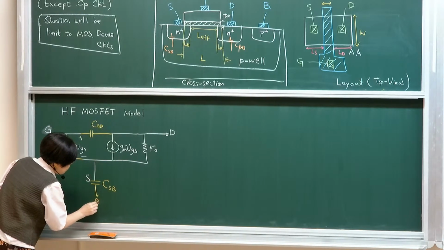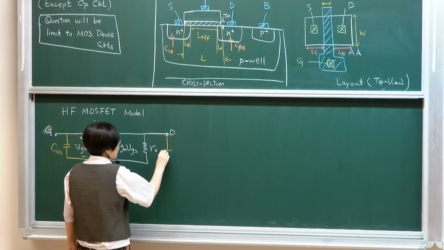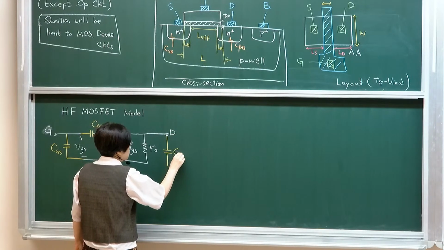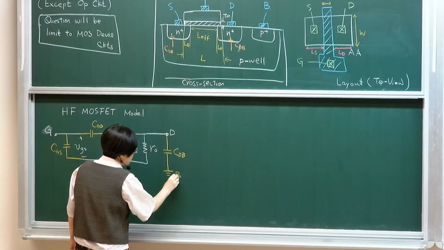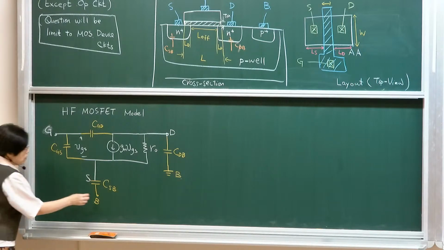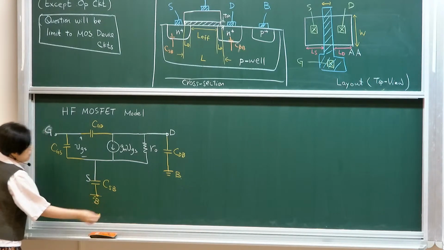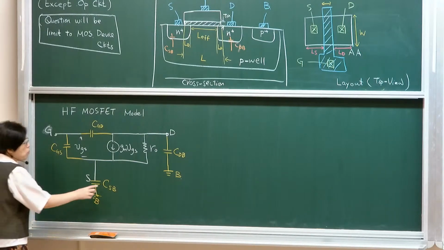So if this is my body, and for drain, this will be D to B. And we know that in most cases, your body is connected to the most negative voltage or ground. So this is default ground. So you have these two more capacitances.